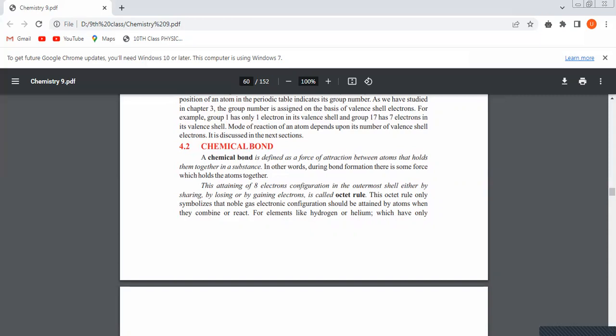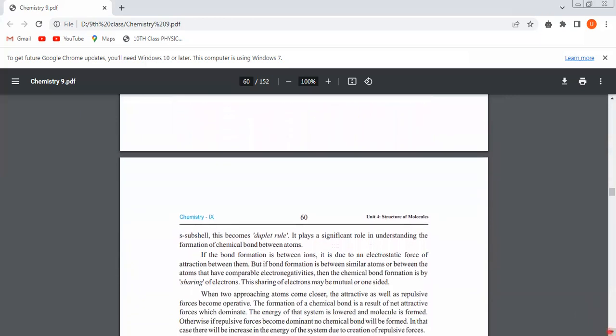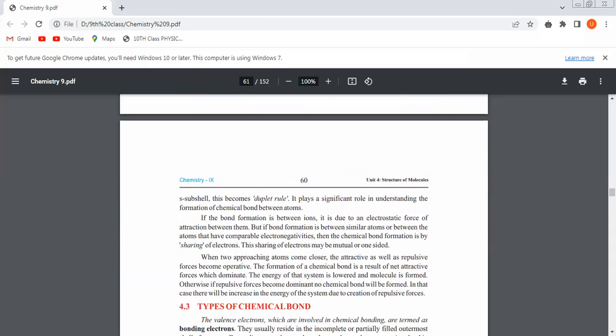For example, hydrogen or helium, which have only s subshell, follow the duplet rule. It plays a significant role in understanding the formation of chemical bonds between atoms.